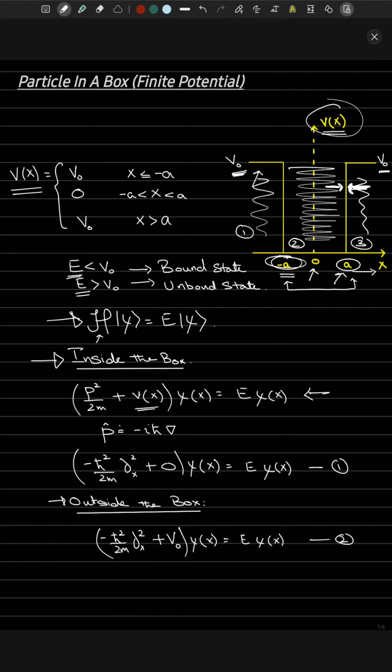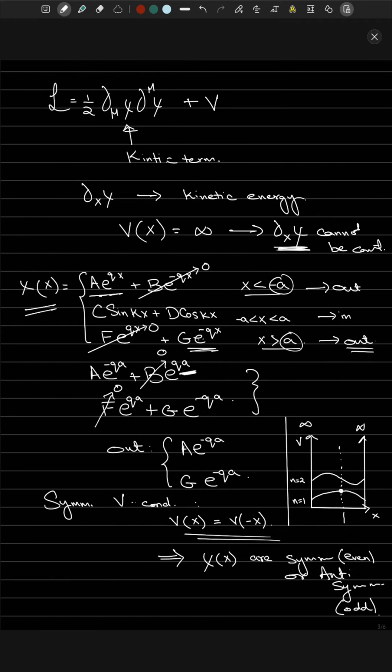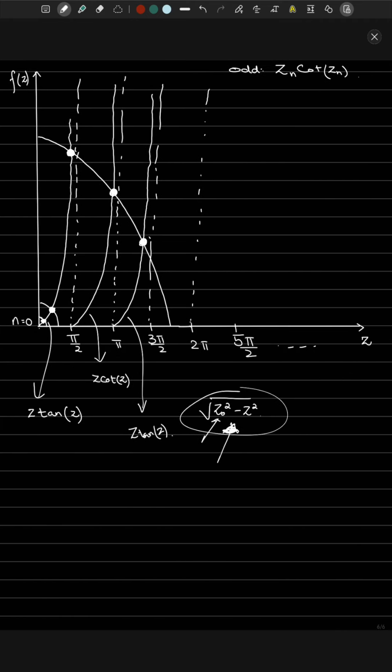Okay, so basically, this is all that you needed to know about the finite square well problem.